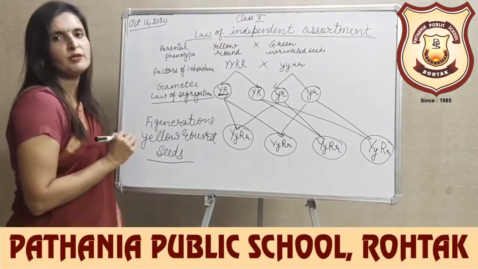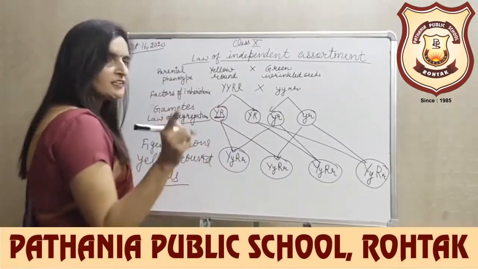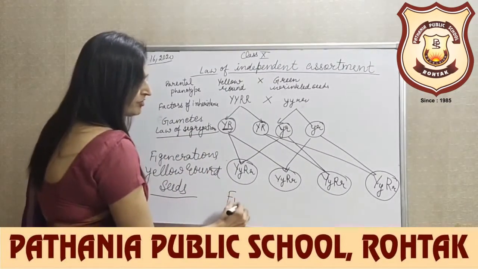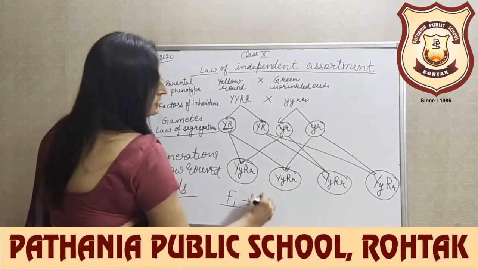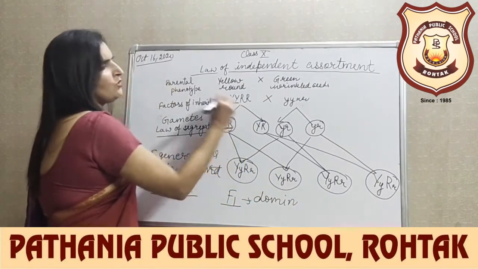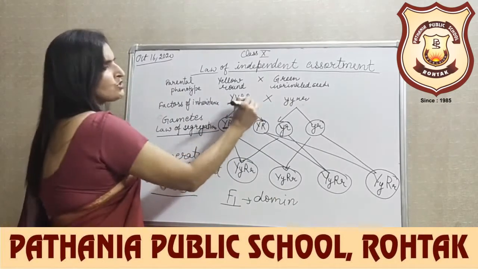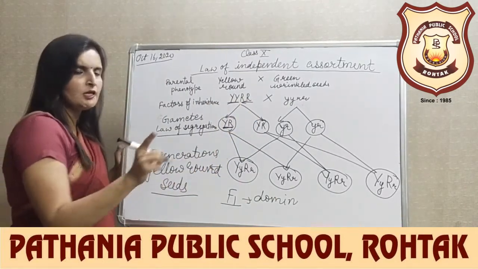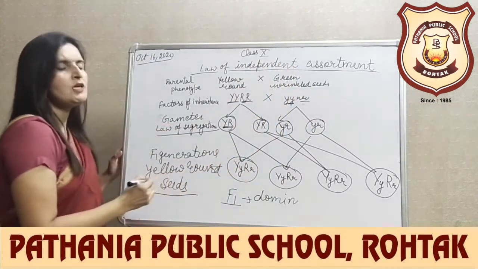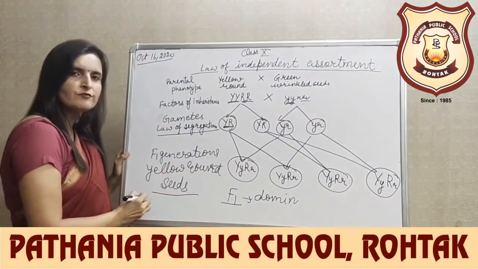Law of dominance: the factors which are expressed in the F1 generation are the dominant ones. Yellow color and round shape are dominant; green color and wrinkled shape are recessive.